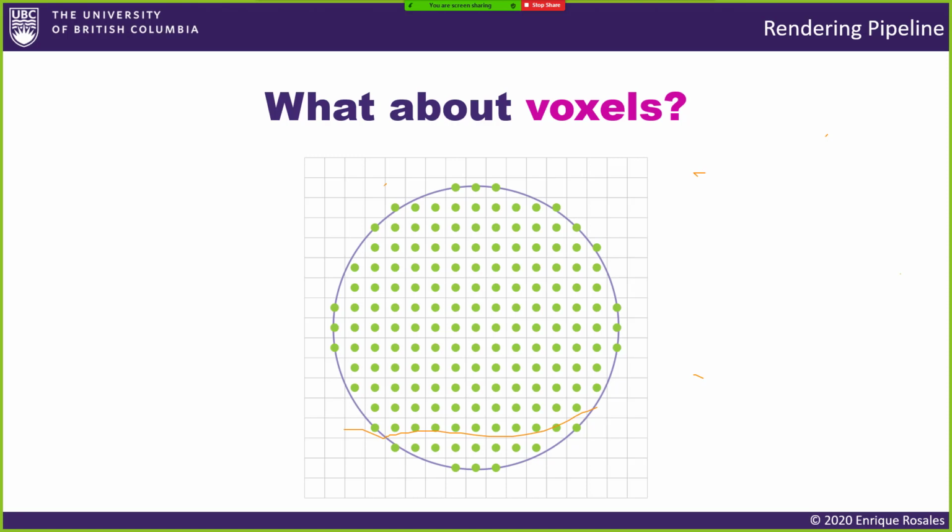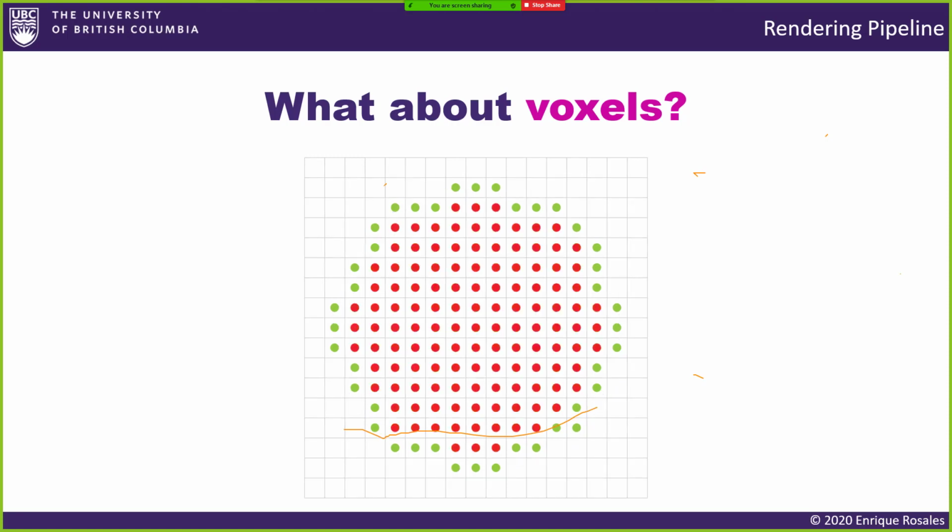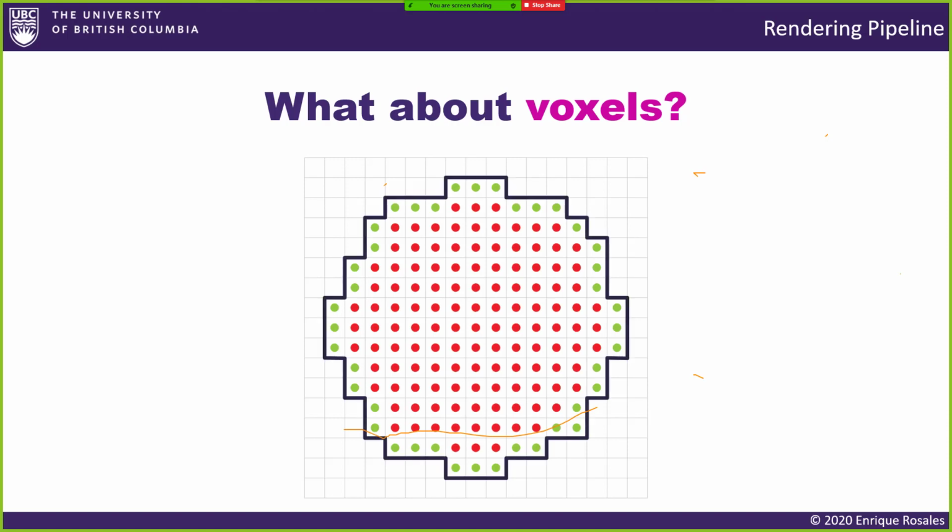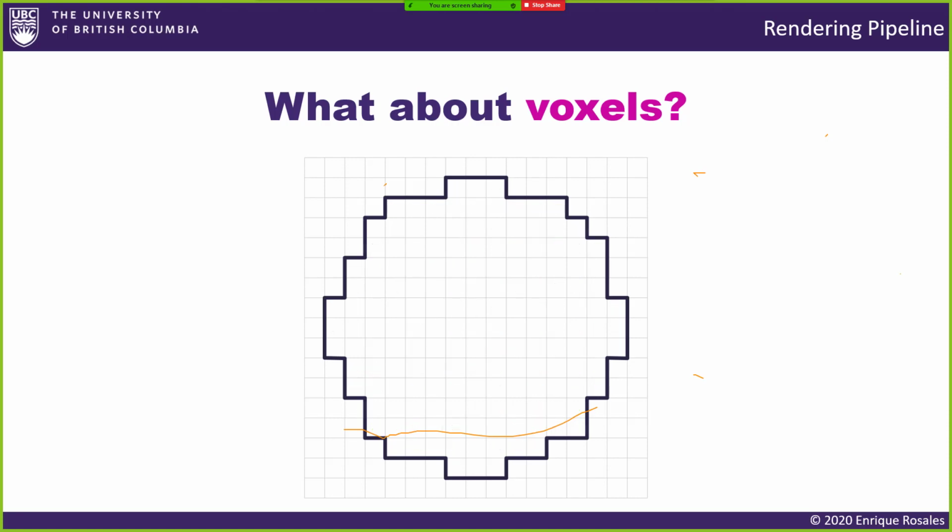So once you decide which are on the borders, then you can check which faces are visible, only for the voxels that are on the border, right? And you can process all those faces and basically create triangles only on those faces. So in the end, you create a polygonal mesh, right?